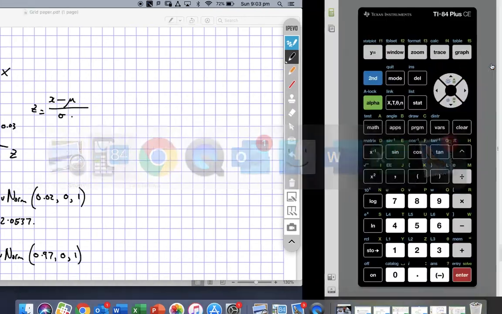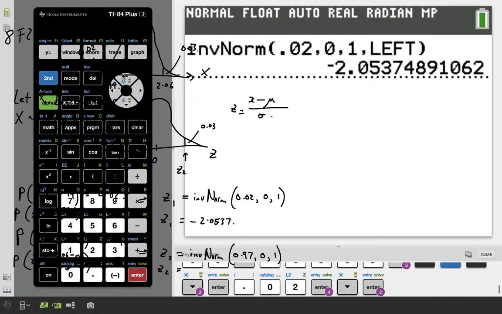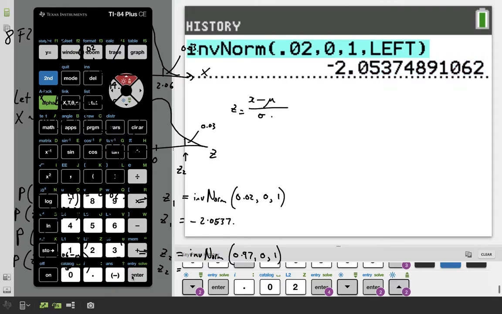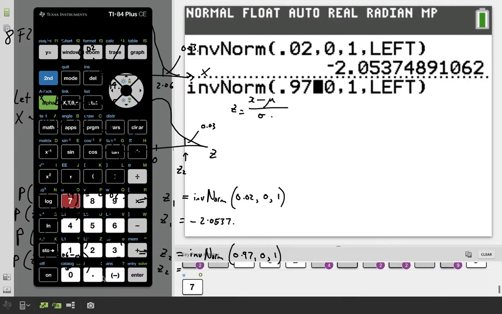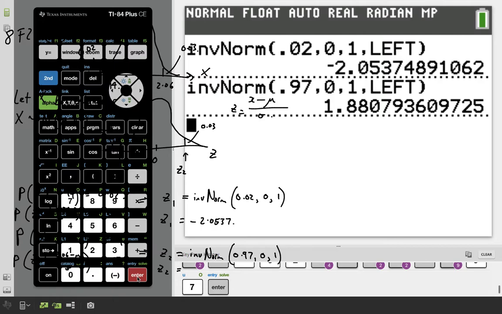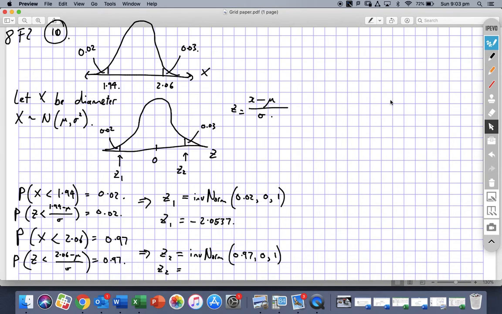The next one, if we just copy the same thing but change that to a 97% or a 0.97 probability, we get our z-score 1.8808, rounding up.